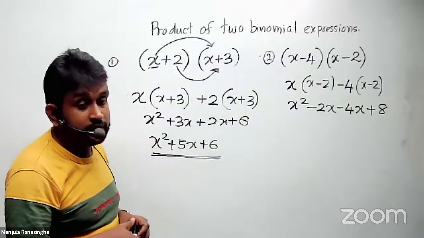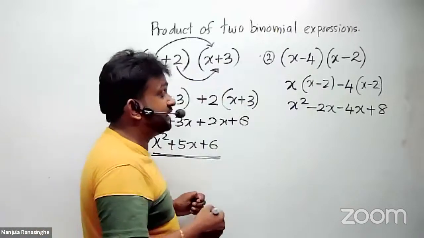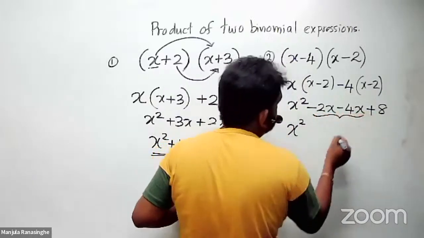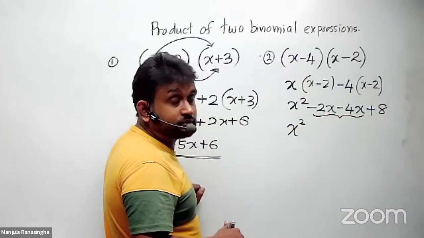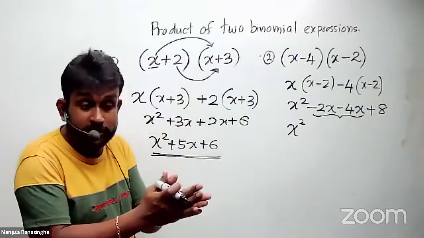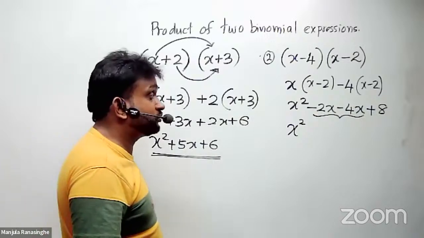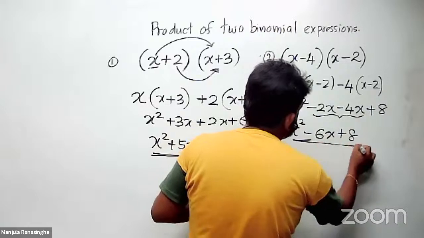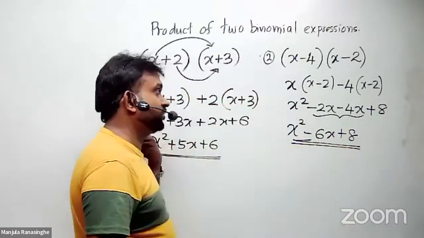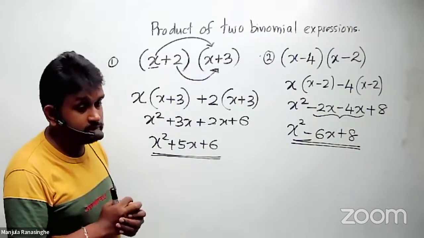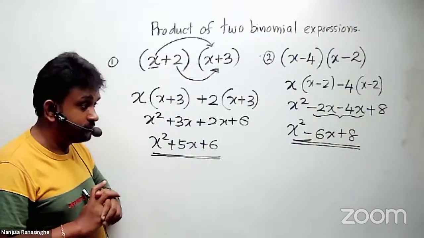Now I can deal with that. X squared here, minus 2x minus 4x. You can add these because the signs are the same. Minus 2x minus 4x means minus 6x, and plus 8. So this is the expansion. You can write down the two examples.